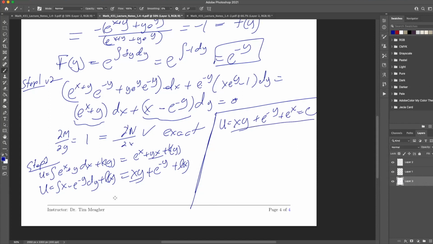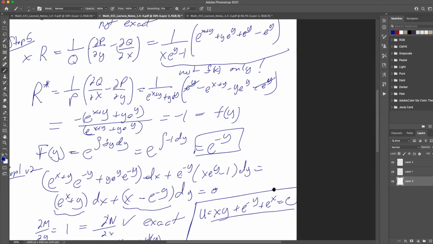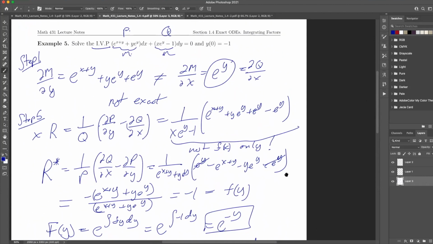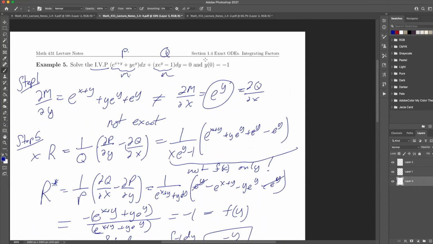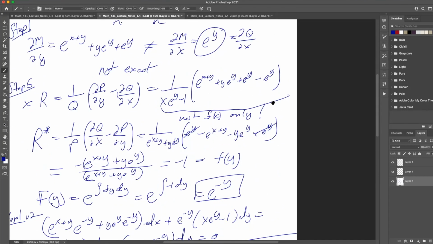Okay, so here we have this. The main point of this problem, let me finish it real quick, and then I'll say what the main point is. We have our initial condition, 0 and -1.